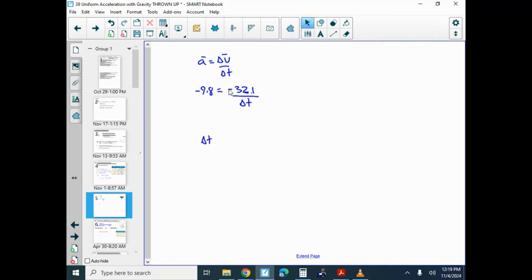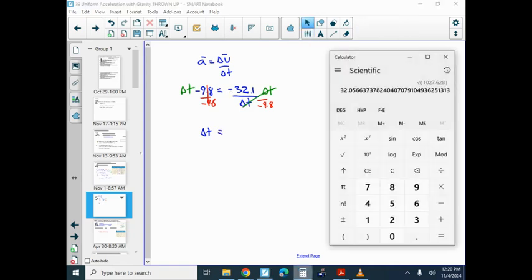We can just multiply both sides by delta T, get rid of that, and then divide both sides by the negative 9.8. And we end up with delta T equals the 32.1, or the full number there if we want to keep it, divided by 9.8, which gives us 3.27.